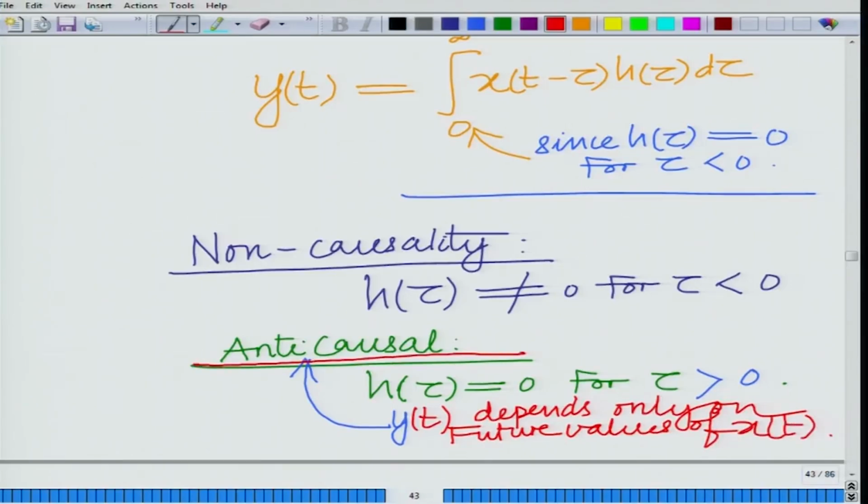Such a system is known as an anti-causal system.